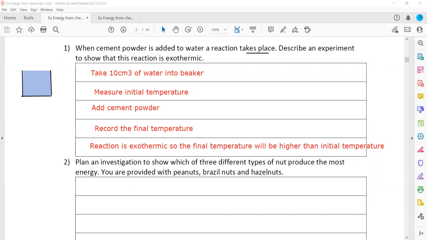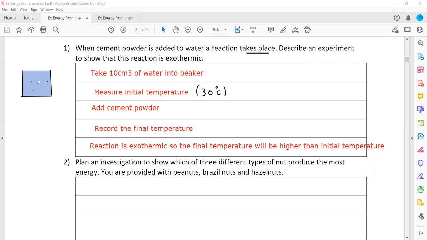We don't have to mention any value, but I'm just using numbers here. For example, the starting temperature was 30 degrees centigrade. Then we add cement powder, because we want to show that when we add cement powder to water, the reaction is exothermic.